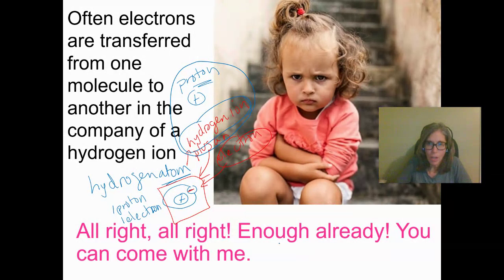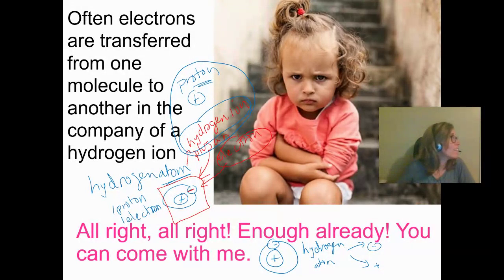All right, so again, if you have a hydrogen atom, it is made out of an electron and a proton. The proton is really a hydrogen ion all by itself, and the electron's an electron.